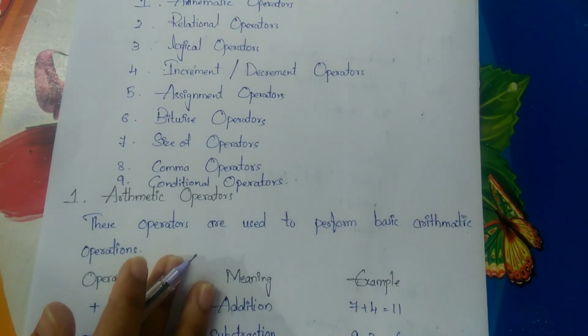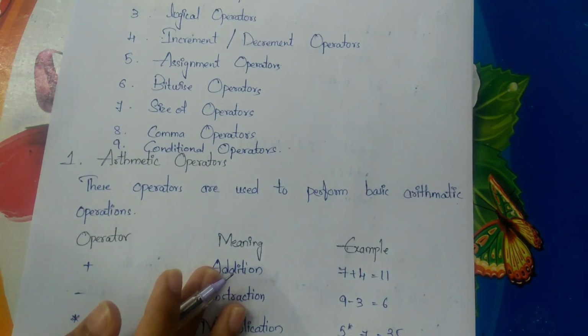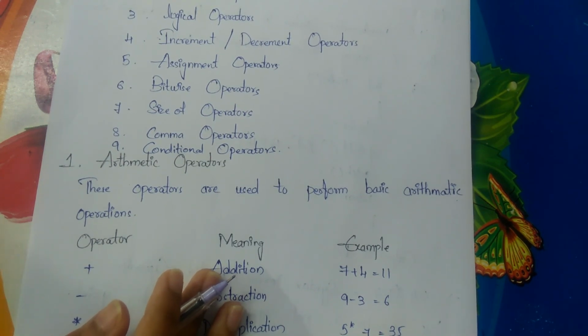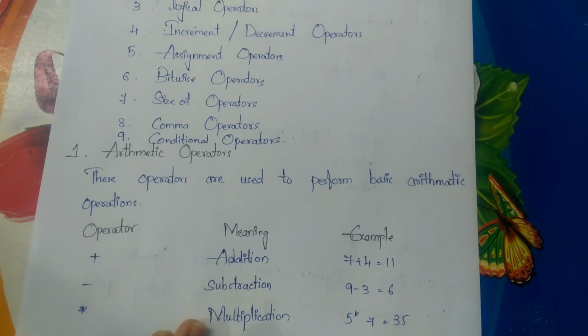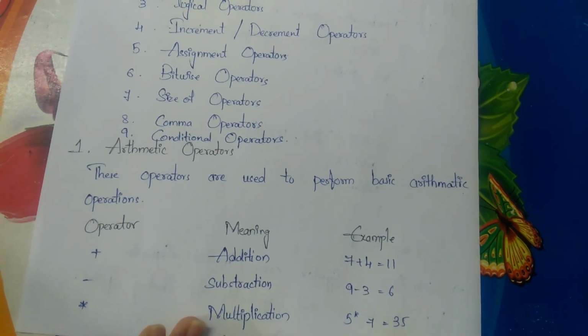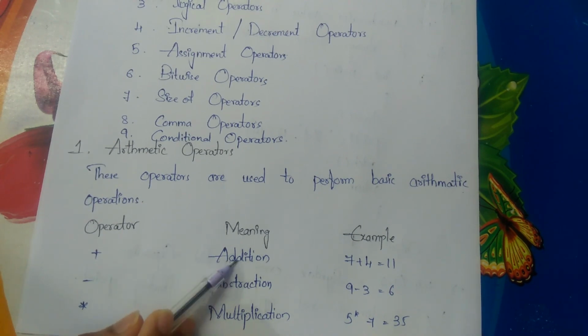In this session, we shall see the arithmetic operators. These operators are used to perform basic arithmetic operations, the mathematical operators. The first one is the plus symbol, meaning addition.